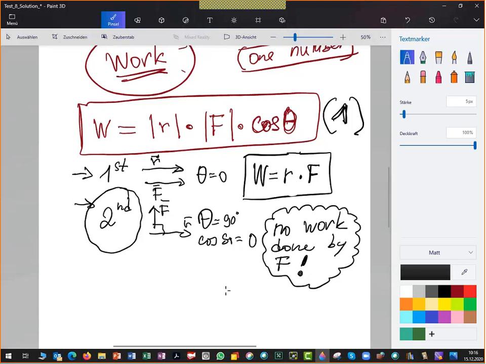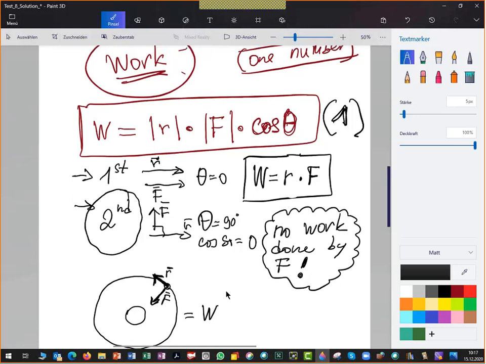But still, because, let me make a drawing, this is the Earth, and this is the moon, and this is, let's say, the motion of the moon, because the displacement vector, the motion vector, is perpendicular to the gravity force vector, we say that the work done by the Earth on the moon is 0.